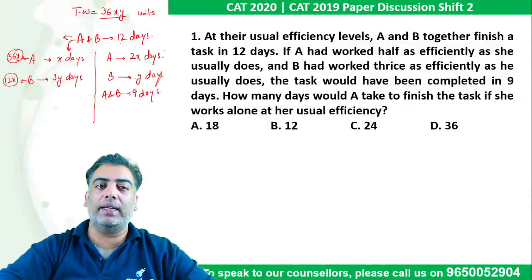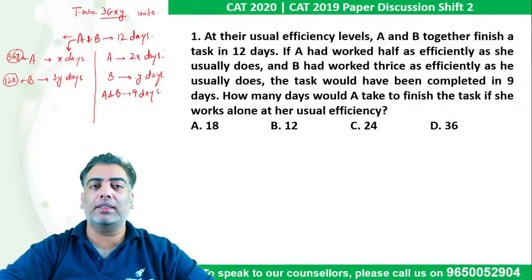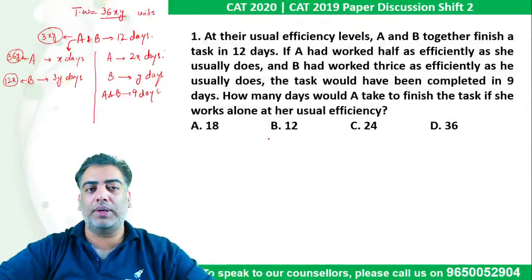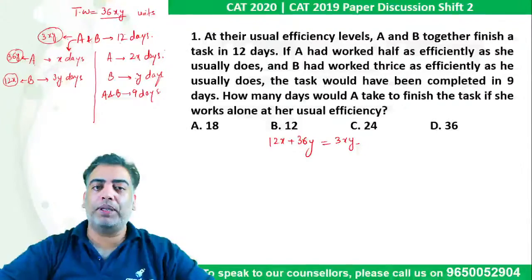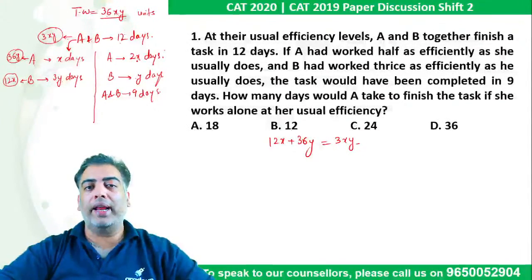So in 1 day, they complete 36xy upon 12, which is 3xy of the work. So the work done by A and B alone must be equivalent to the work done by them together. So let's equate the two values. It gives me 12x plus 36y equals 3xy.